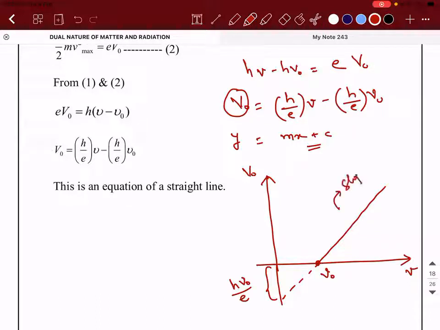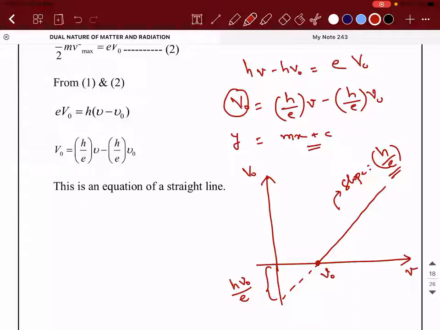And the slope of this line will be h divided by e. I hope you remember from yesterday's discussion. I already told this point. If you see again and again, you need to concentrate more on graphs to master this chapter. Is it clear, guys? Yes or no? Yes, sir.